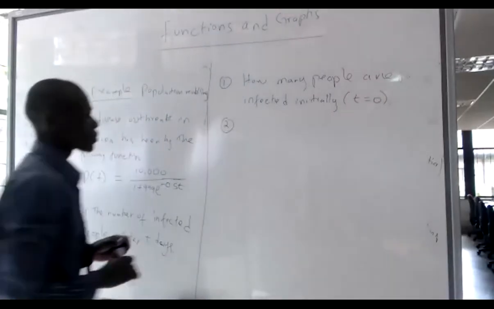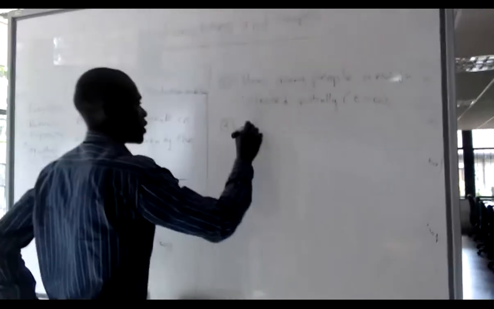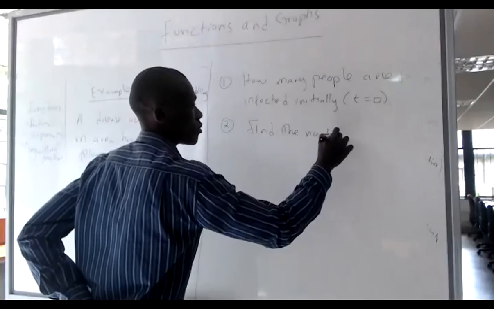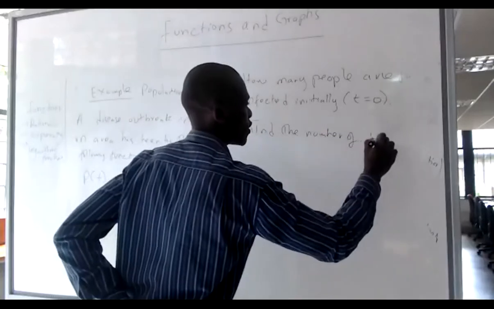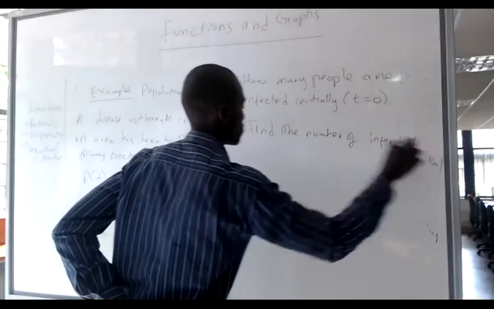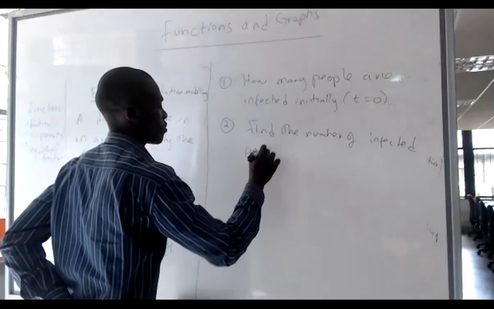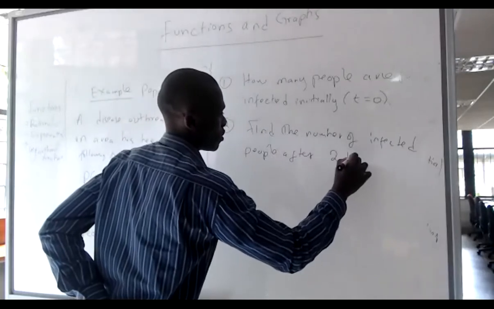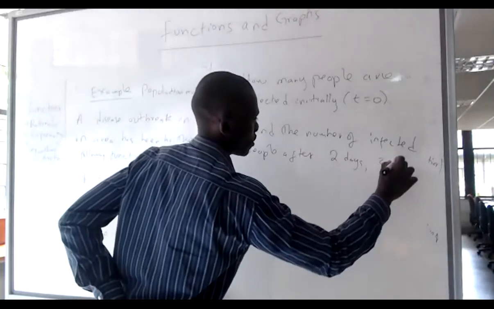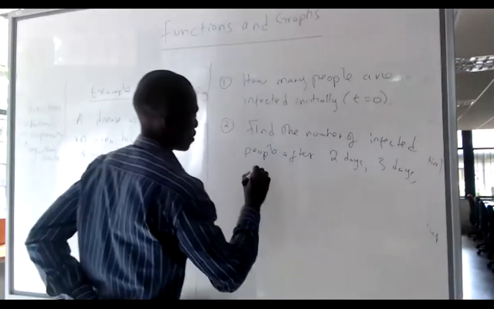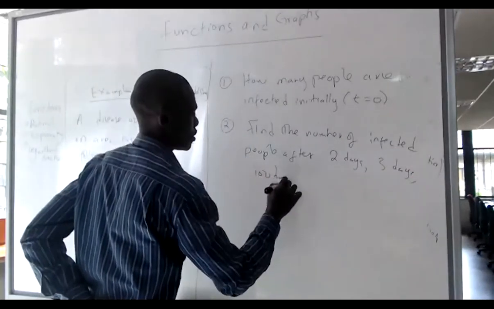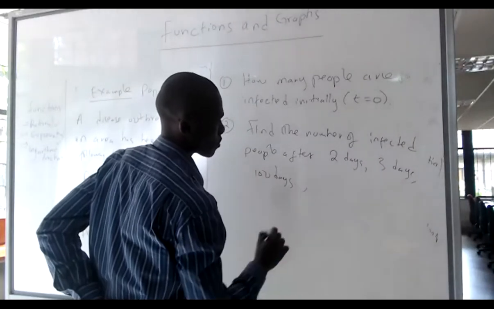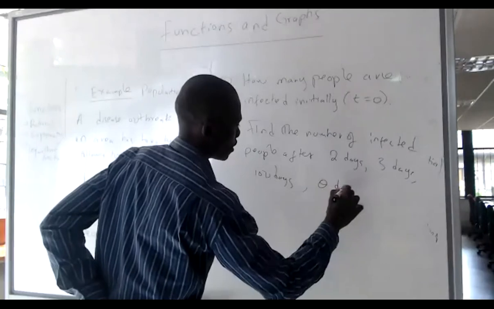And then 2, find the number of infected people after 2 days, 3 days, 100 days. Lastly, theta days.